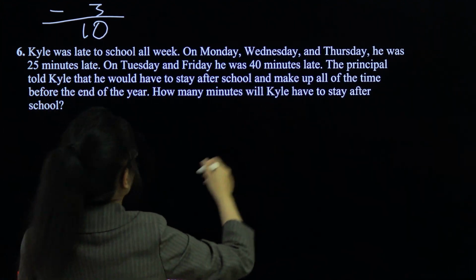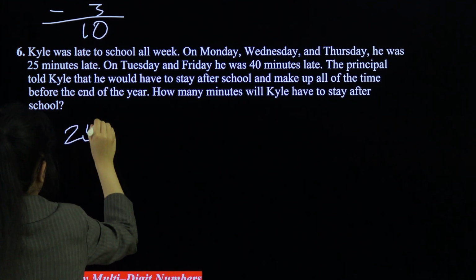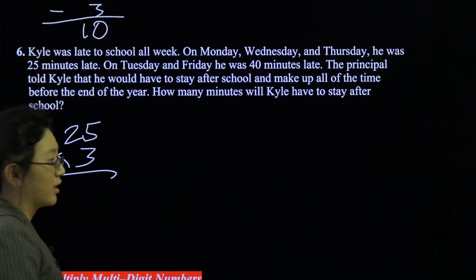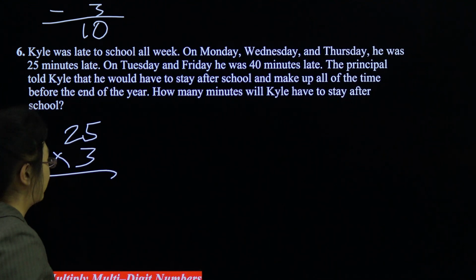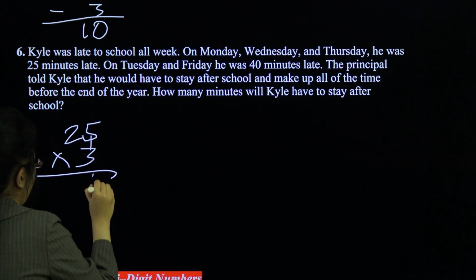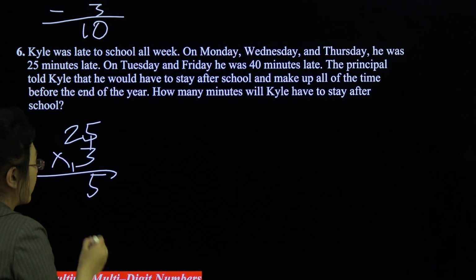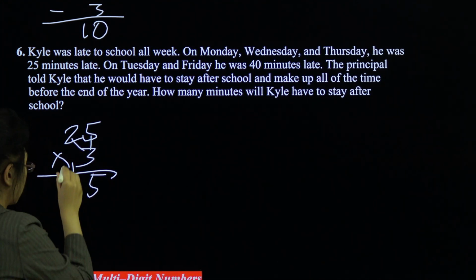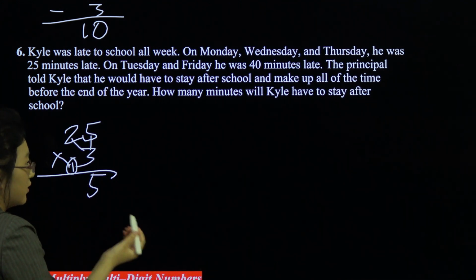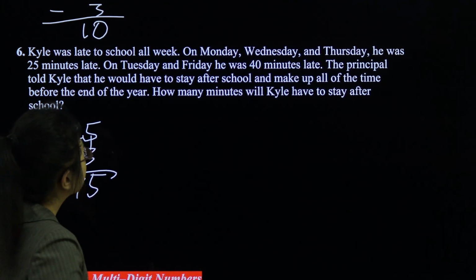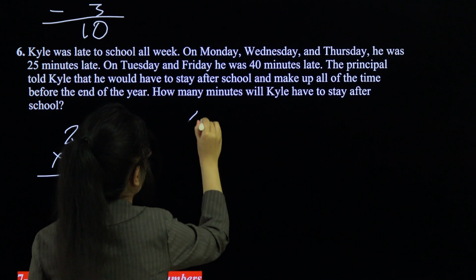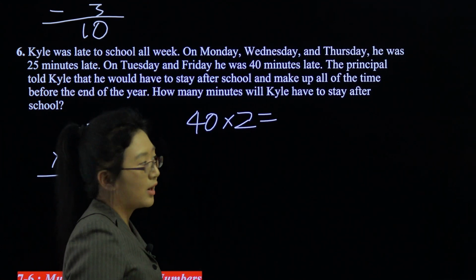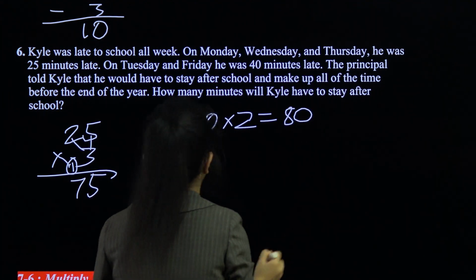So Monday, Wednesday, and Thursday is 25 minutes, which is 25 times 3. By a certain point in time, you just remember that 25 times 3 is equal to 75. But 3 times 5, 15, regroup, 2 times 3 or 3 times 2, 6 plus 1, 7, 75. And then Tuesday, Friday, 2 days is 40. 2 times 40 is, well, 2 times 4, and then you add a 0, so that's 80.